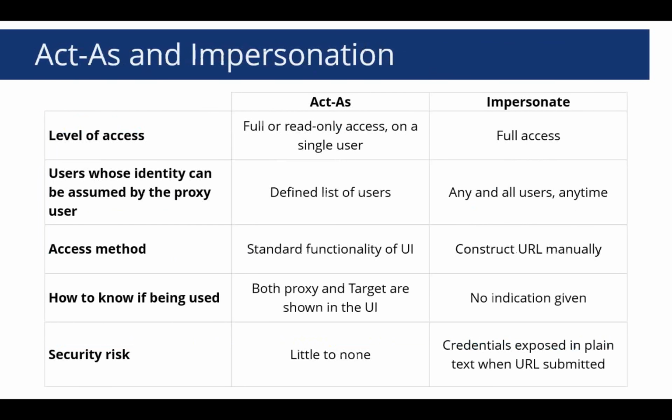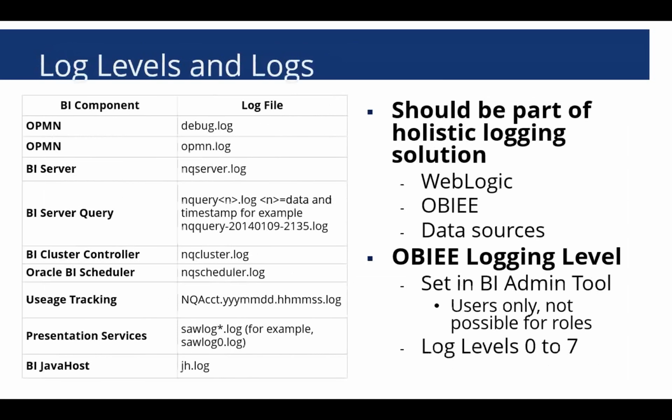OBIEE has act as versus impersonation. I just want to include the slide as far as some of the differences, but I'm going to move on because I want to point out logging and log levels. We mentioned usage tracking. OBIEE has the ability to set log levels between 0 and 7, and the higher the number, the more information is trapped.